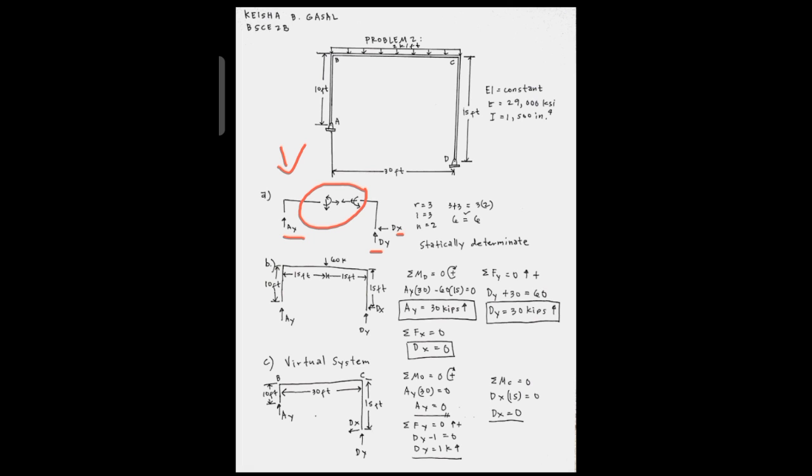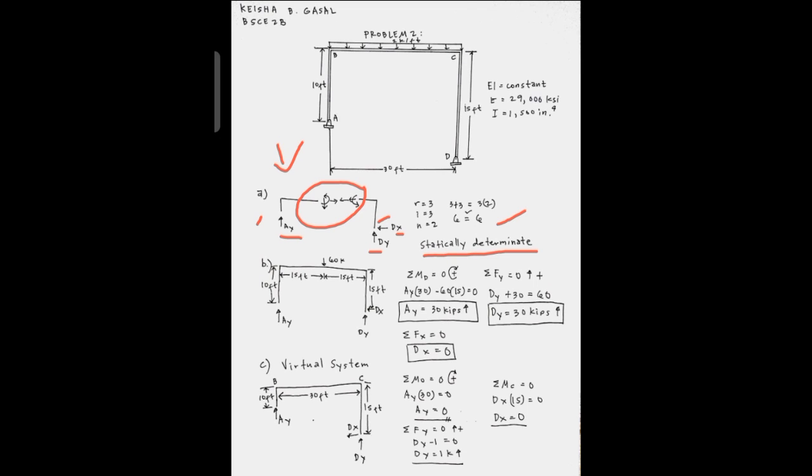One is located in our roller support at A and the other two are located in our pin support. So, by calculating, we can get 6 is equal to 6. Since our unknowns are equivalent to the number of equations, therefore we can say that our structure is statically determinate.